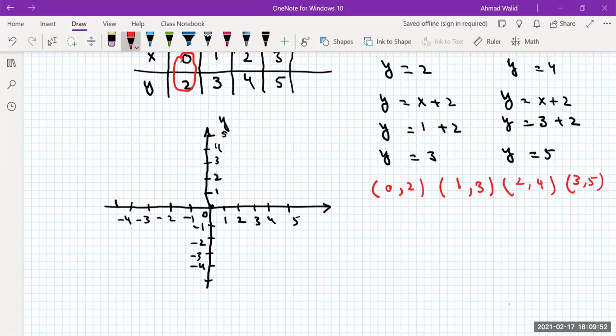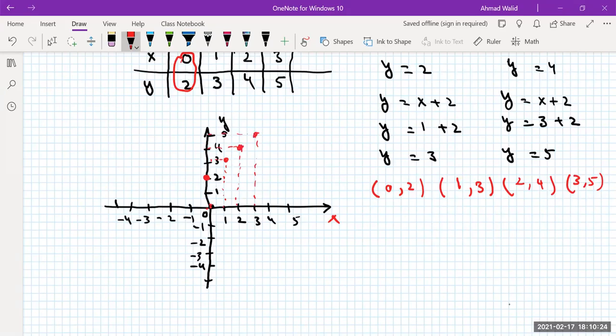0, 2. When x is 0, y is 2. It means your point is on the y-axis. When x is 1, y is 3. x 1, y 3. Look, I go up and I go 1 unit this way, 1, 3. When x is 2, y is 4, x 2, y 4. When x is 3, y is 5. Here.